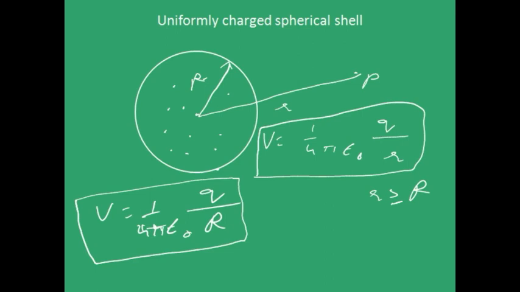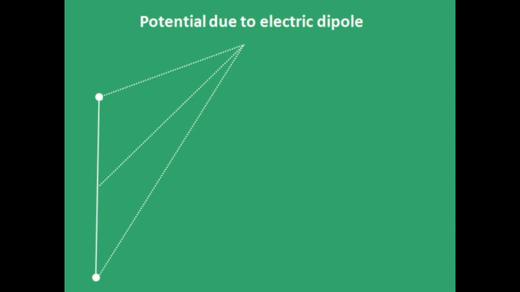Let's move forward. Now I want to calculate the potential due to an electric dipole, and say this is plus Q and this is minus Q. As usual, this is the center of the dipole O, and I want to calculate the potential at this point P. The distance from the center of the dipole to the point P is R, from the positive charge plus Q it is R1, and from the negative charge it is R2.